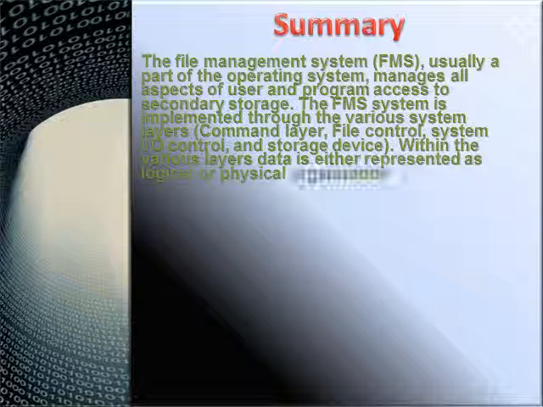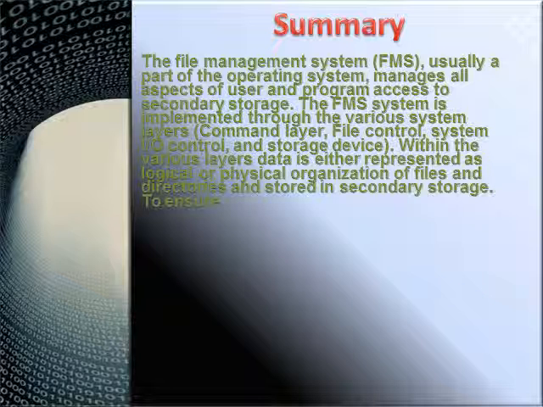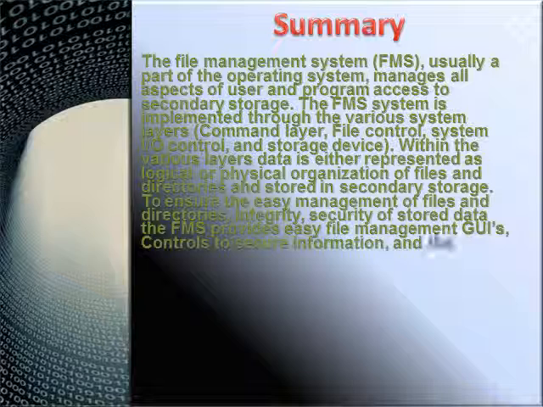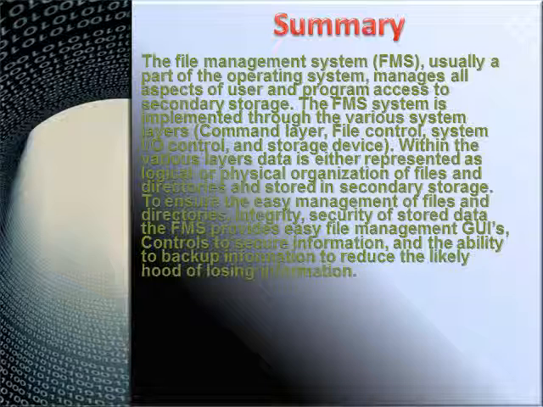Within the various layers, data is represented as logical or physical organization of files, directories, and data stored in secondary storage. To ensure easy management of files and directories, and the integrity and security of stored data, the FMS provides easy file management GUIs, controls to secure information, and the ability to back up information to reduce the likelihood of losing information.